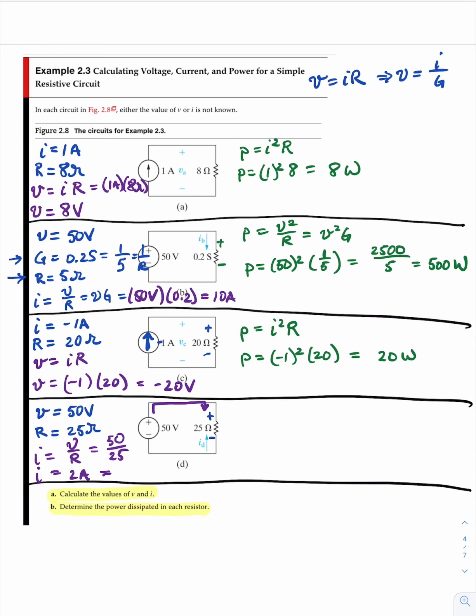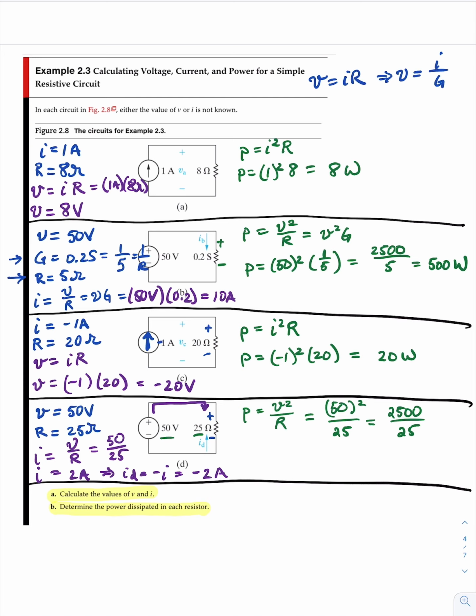And I sub D is equal to minus I. So it's minus 2 amps. Okay. Now, calculating the power. Because they give us voltage and resistance, we're going to define power in terms of voltage, which is V squared over R. So power is equal to 50 squared over 25, which is 2500 divided by 25.